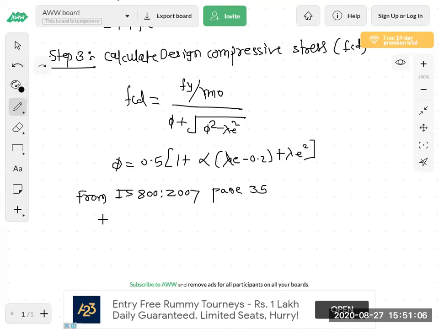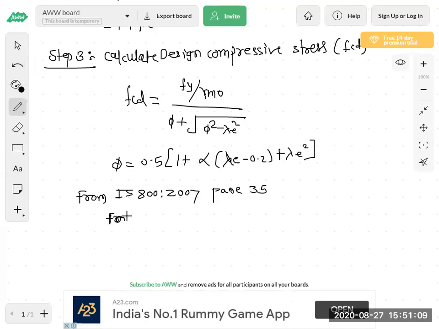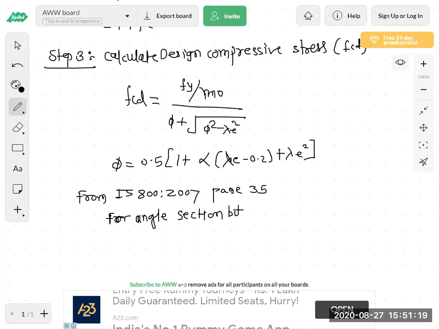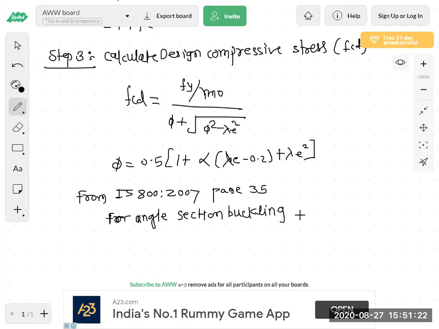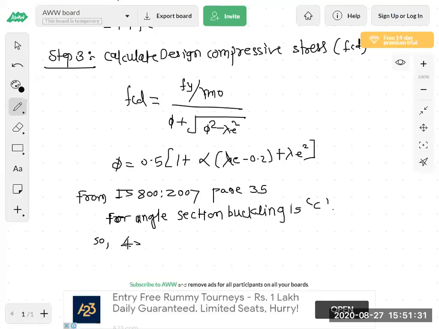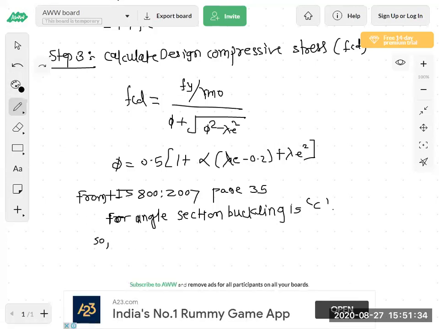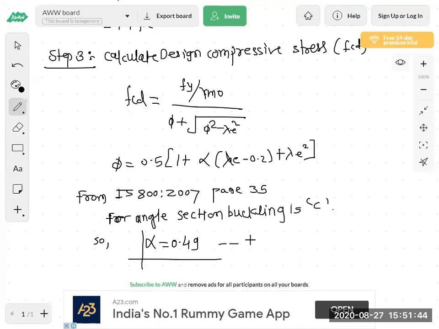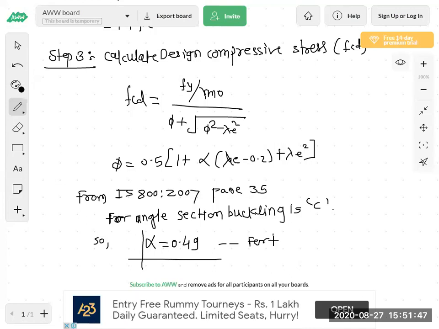Here we have to write down for angle section, buckling class is C. For angle section, buckling class is C. So alpha is equal to 0.49 for buckling class C.